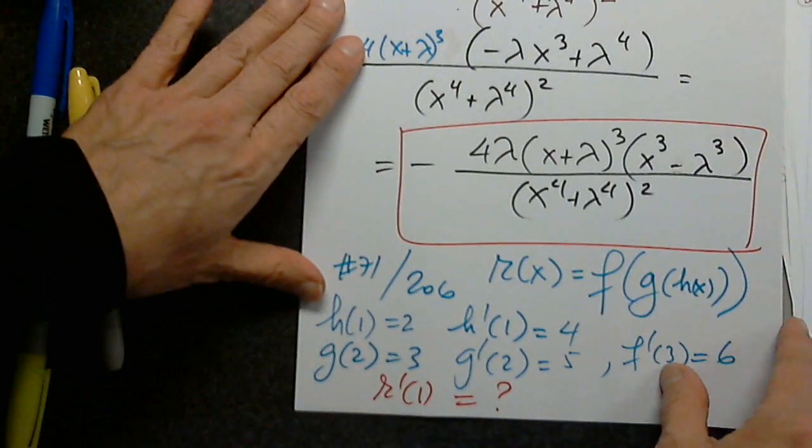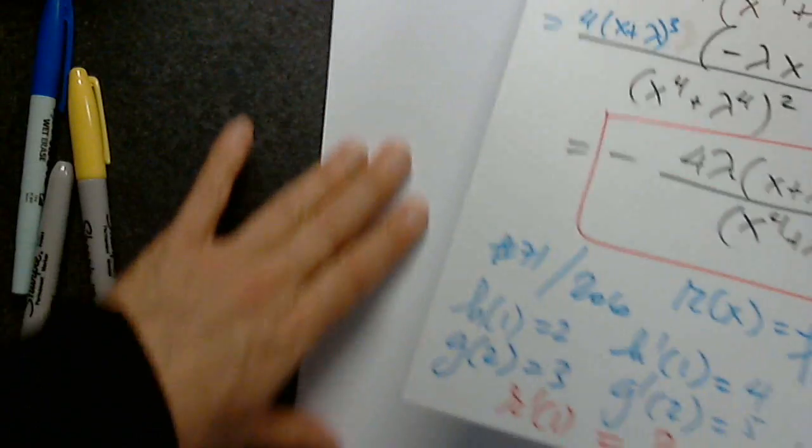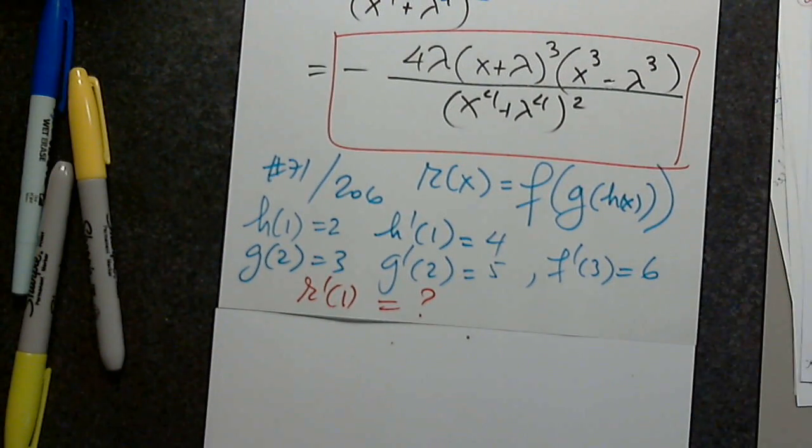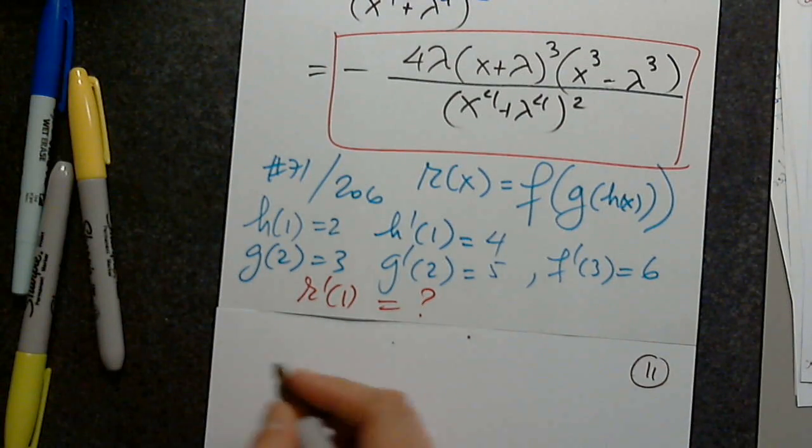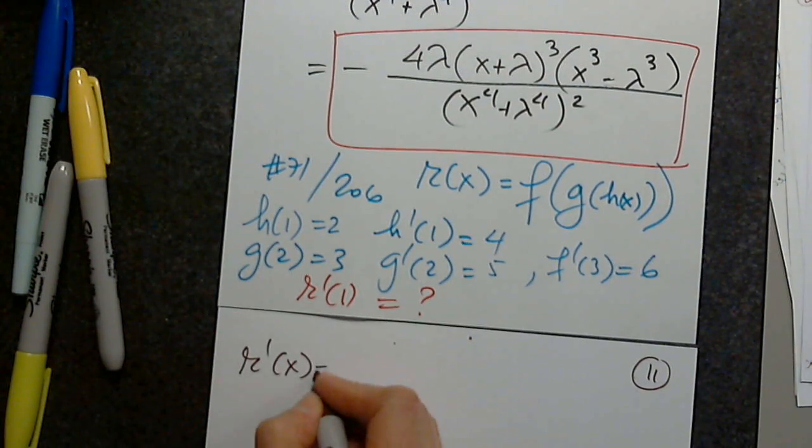Okay, so how do I determine the value of a function at x equals 1? I'm asking you to find the R of 1 or R prime of 1. What do I have to find first? The function itself. Very good, the derivative. Perfect, awesome. So can anyone dictate R prime of x?